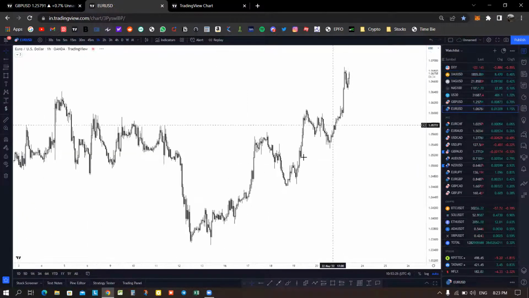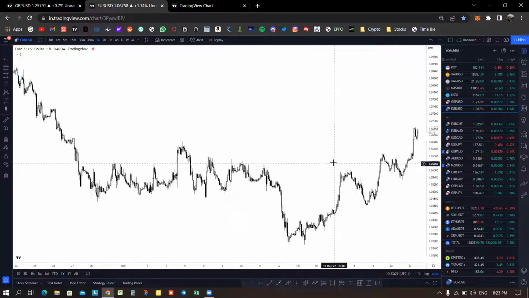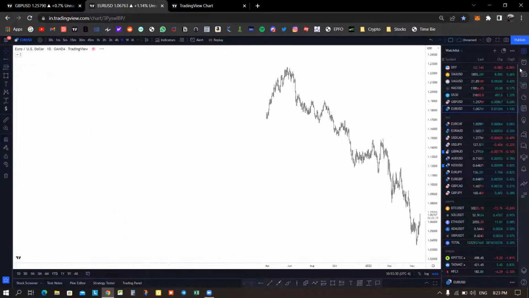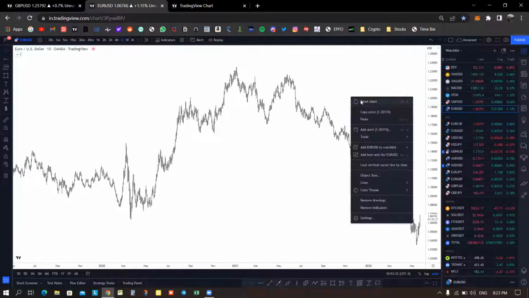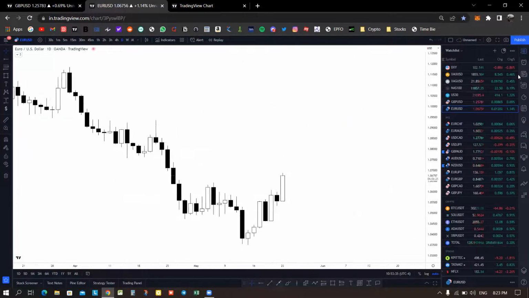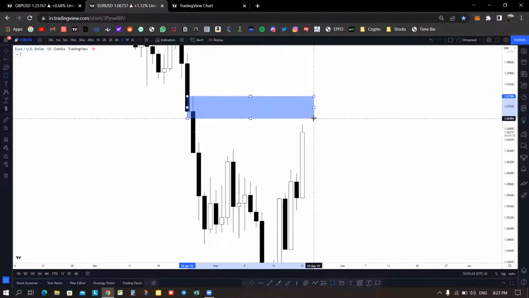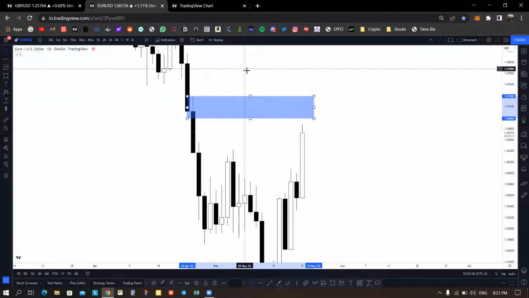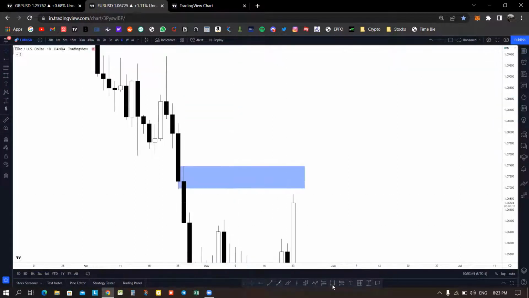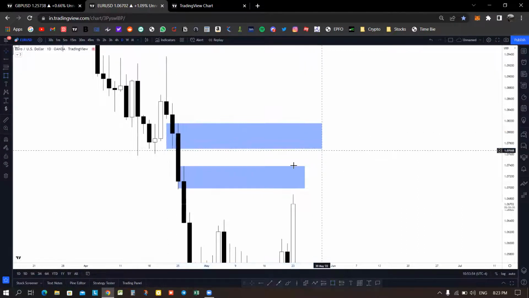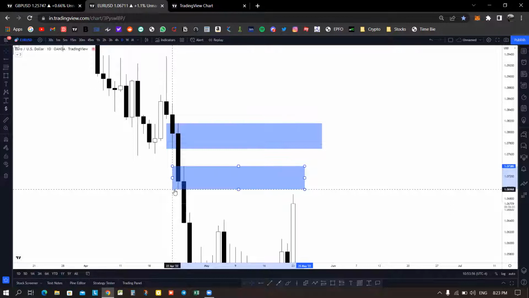So what I'm thinking now on USD CAD is, on the daily time frame, we have this kissing candle as my point of interest and this kissing candle. But I will choose this kissing candle because this was the last phase before the down move.